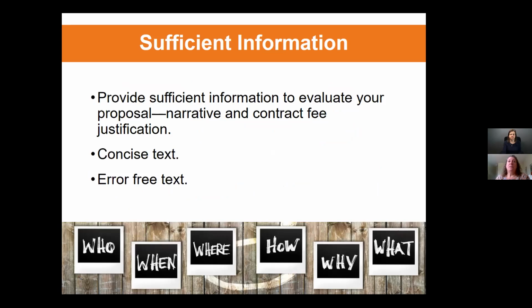Sufficient information. In your proposal, you will want to provide us with sufficient information to evaluate your proposal in both the narrative and the contract fee justification. We use all of the information that you give us to evaluate the effectiveness of the proposed work in meeting the VSA program goals.